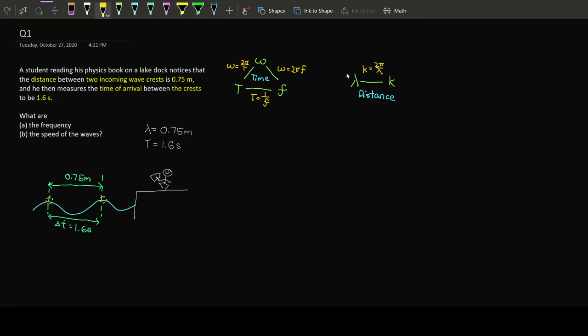So we have one side representing time and one side representing distance. How do you relate distance and time? We relate them through something called wave speed. Wave speed equals f lambda, or another representation, omega over k.